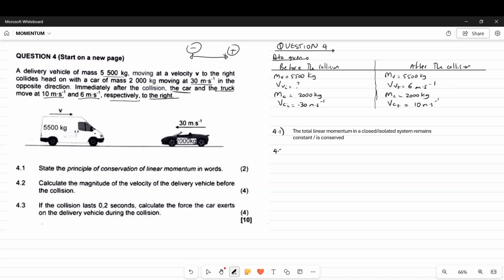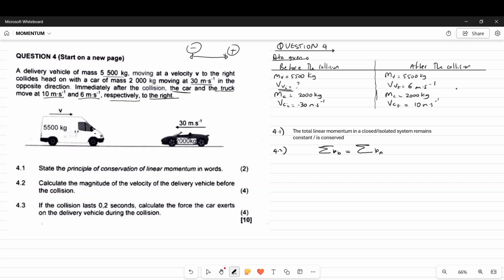Now 4.2: calculate the magnitude of the velocity of the delivery vehicle before the collision. So they want to know this velocity over here. Since the principle of conservation of linear momentum applies, the sum of momentum before the collision will be equal to the sum of momentum after the collision.